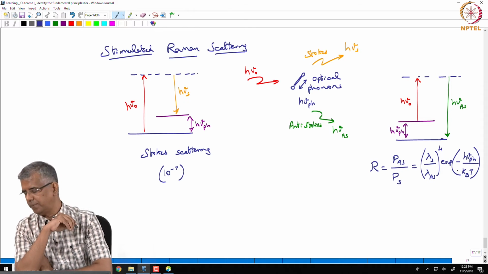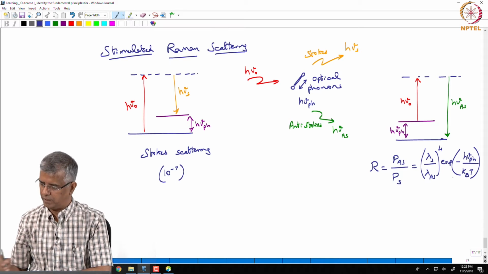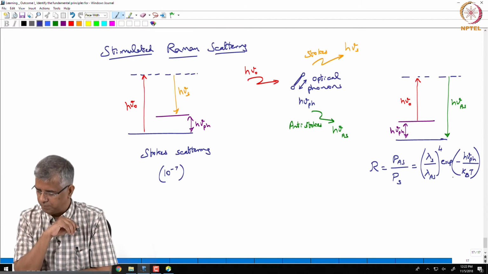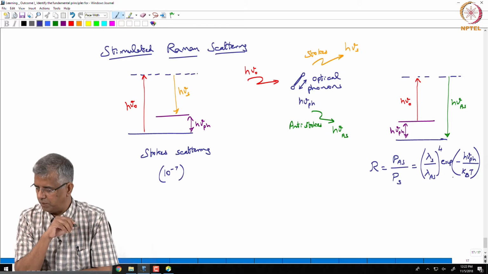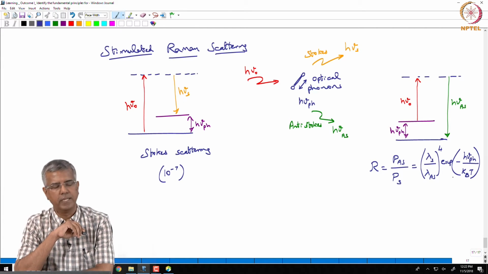I am not writing down the individual scattering probabilities, but if you put them together, you get a final ratio like this.